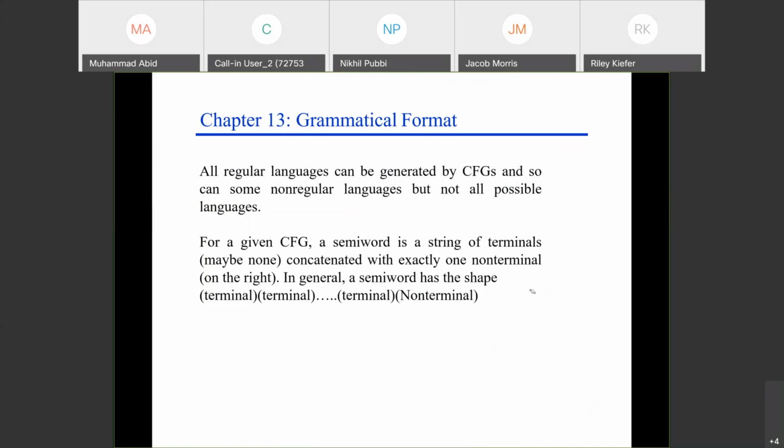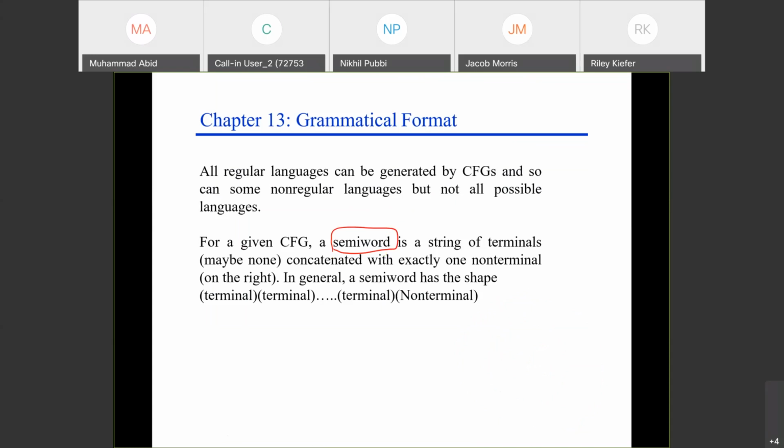Okay. For a given context-free grammar, there is more terminology we call a semi-word. What is a semi-word? We need to understand this. A semi-word is a string of terminals, maybe none, with exactly one non-terminal on the right side.